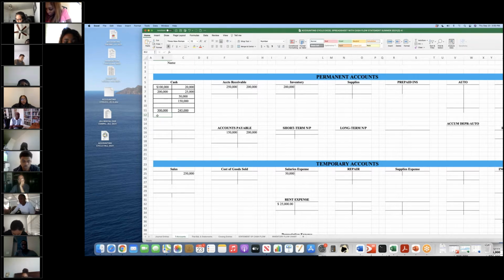So our balance in this account is 55,000. We click on the 300,000, put a minus sign in, click on the 245, and put parentheses. And we get 55,000.